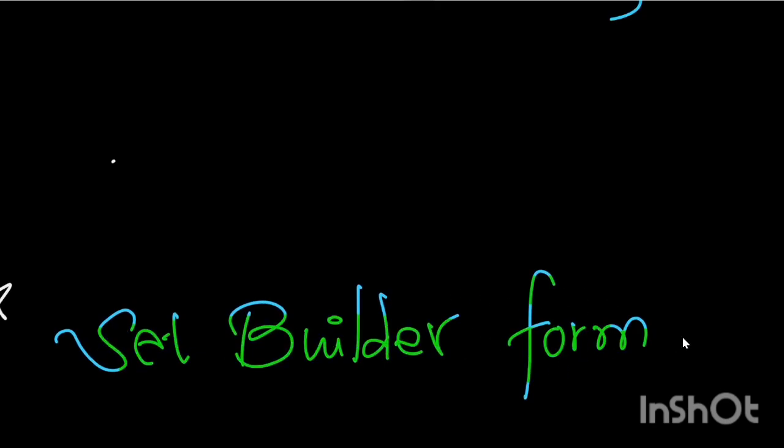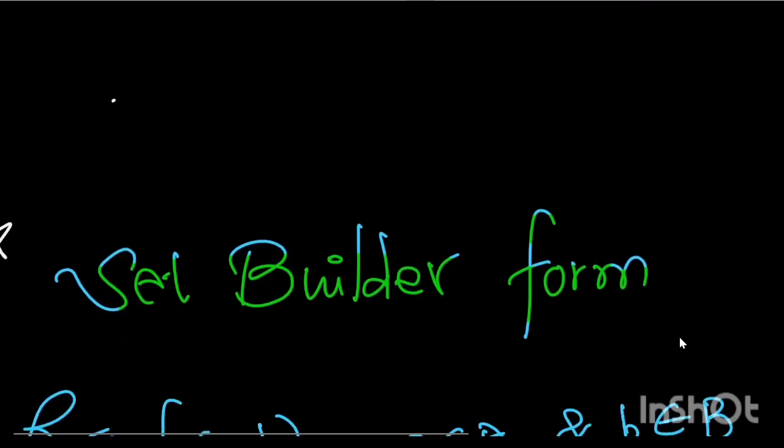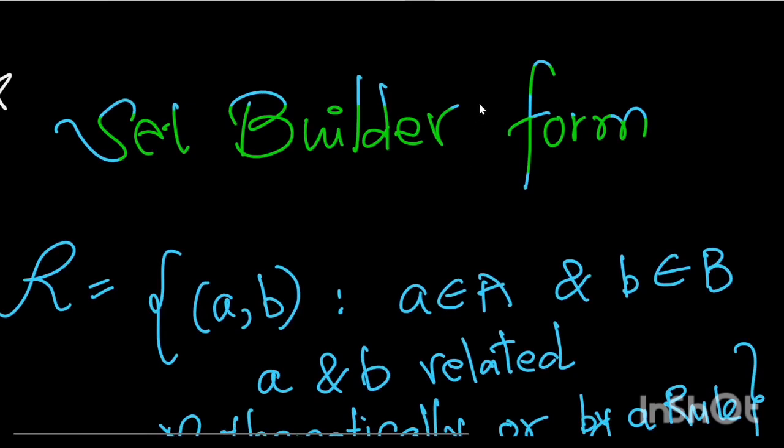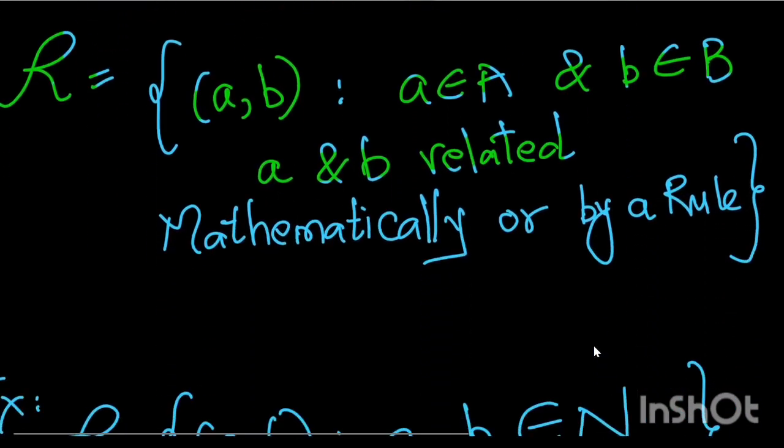Now the second form is what we call set builder form, guys. Set builder form is the same as what we have done in sets. Set builder form is an indirect way of indicating the possible elements of any set. In a similar way, if a relation R is not defined by writing the elements in ordered form or arrow diagram, it is an indirect way where any element A comma B, where A is an element of A and B is an element of B, and A and B are related mathematically.